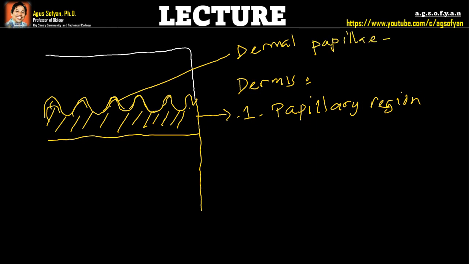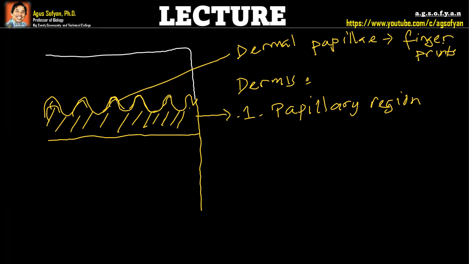And this is actually the one that gives fingerprints. So everybody will have a specific structure of dermal papillae, and then it will give the specific fingerprints. So everybody will have different fingerprints because of this dermal papillae.